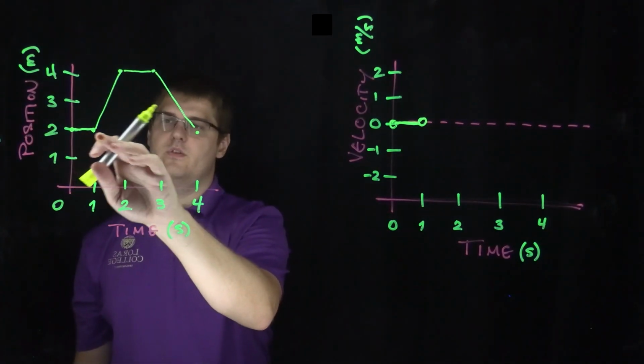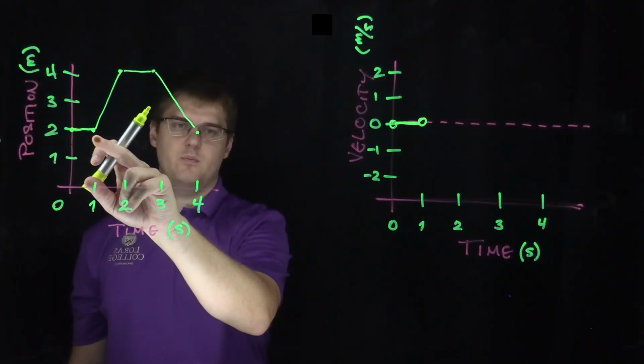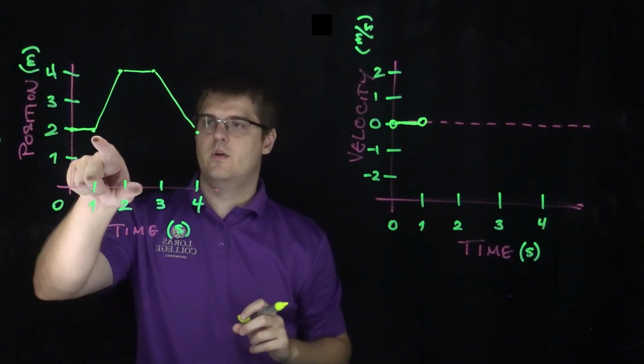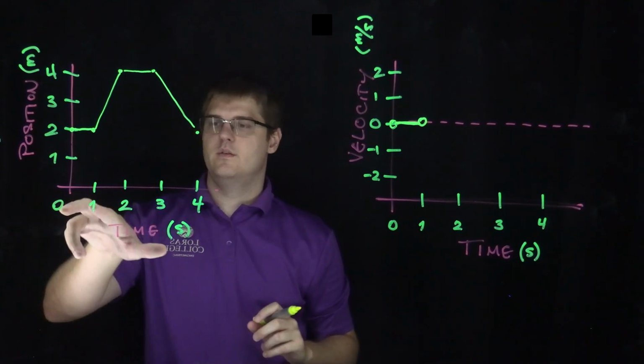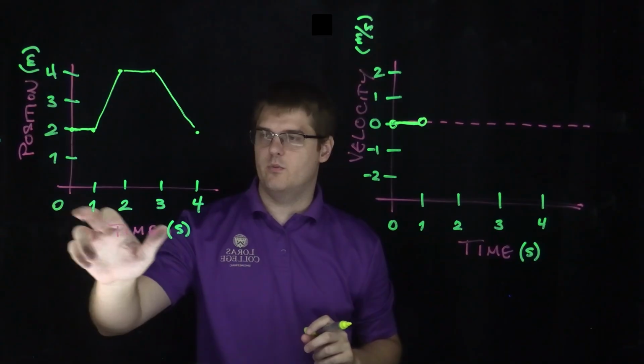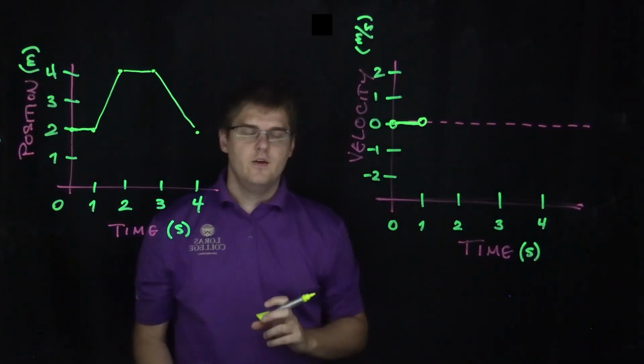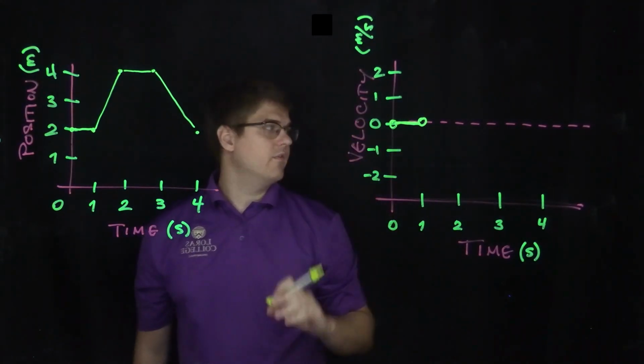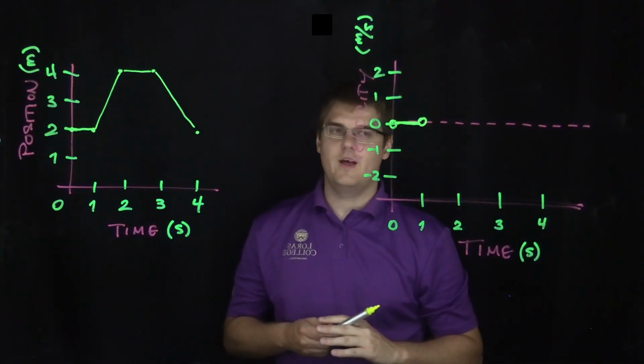The slope is the difference from the second position to the first position. So 2 minus 2, which is 0, divided by the distance on the x-axis, between 0 and 1, divided by 1. 0 divided by 1 is 0. We have a velocity of 0 between those two times.